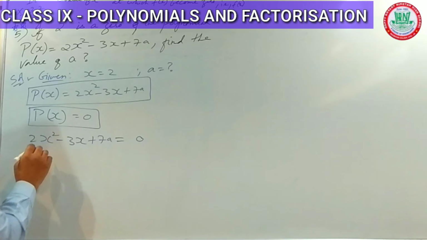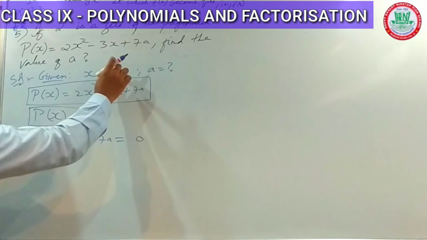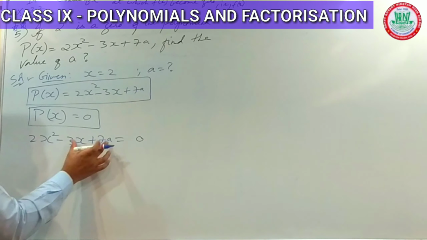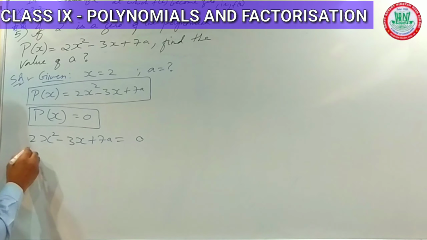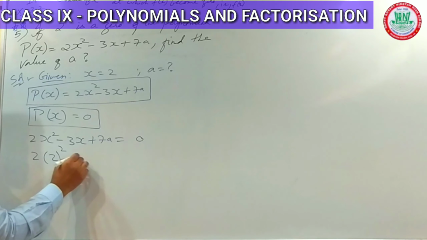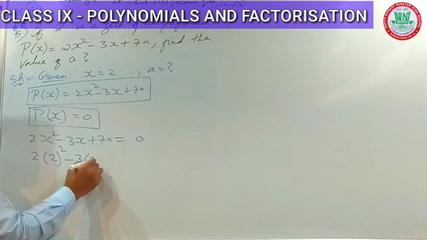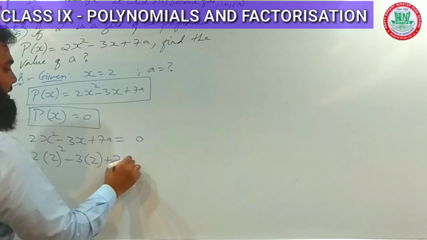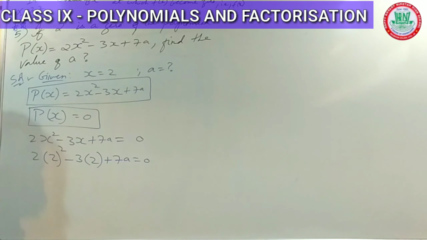Now, after putting in the value of x, which is 2: 2 into 2 squared minus 3 into 2 plus 7a equals 0. Now we have to solve this. 2 into 2 squared: 2 2s are 4.